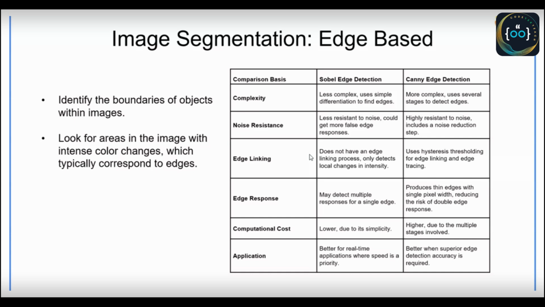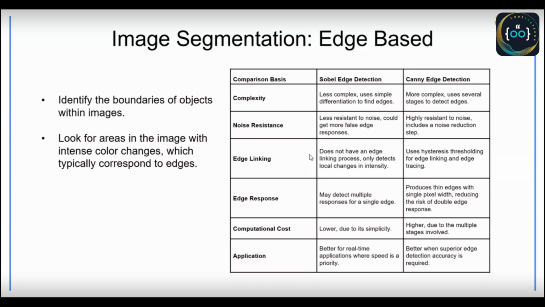So in terms of complexity, Sobel is simpler, but Canny is more effective. While Sobel may be more suitable for real-time applications where speed is more important, Canny performs better in scenarios where you want more precise and well-defined edges. Ultimately, the choice between the two would depend on the requirements of the specific application.